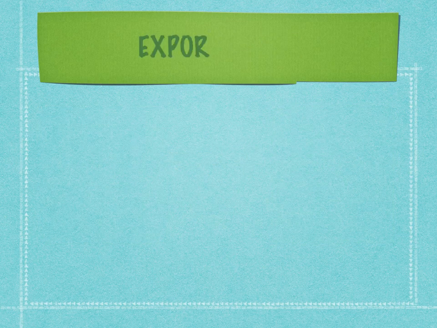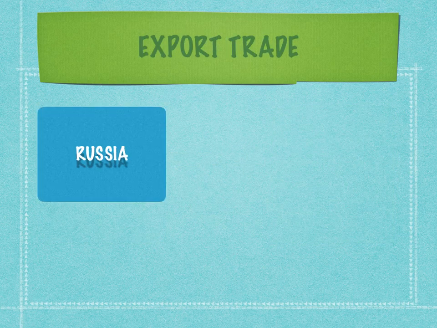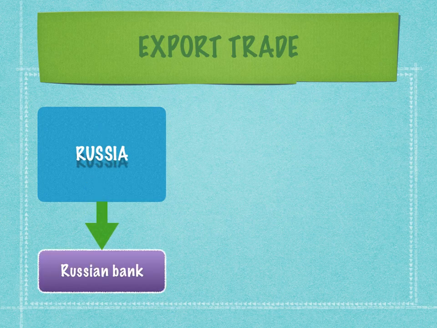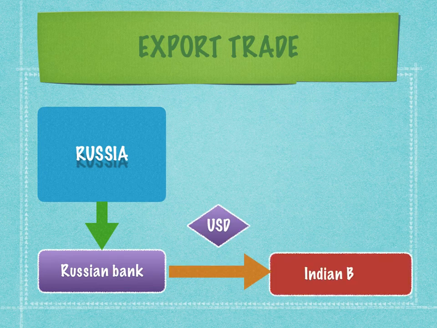How will the payment take place? The export trade was facilitated again through the banking channels. The Russian importer advised its bank to pay dollars, to whom? To the Indian exporter. The Russian importer will give rubles to the Russian bank.